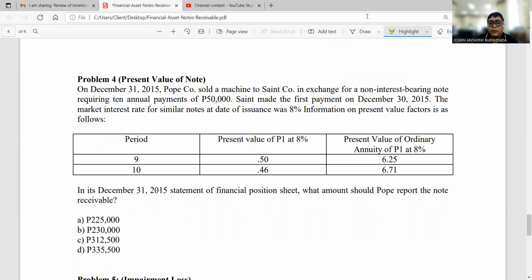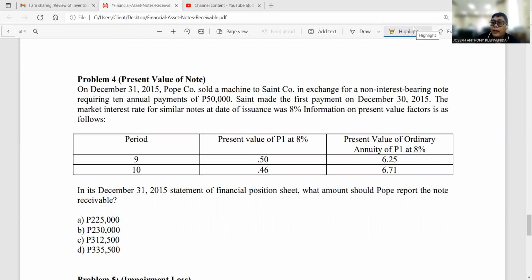The market interest for similar notes at the date of issuance was 8%, and information on present value factors is given. What amount should Pope report as note receivable on the December 31, 2015 statement of financial position?